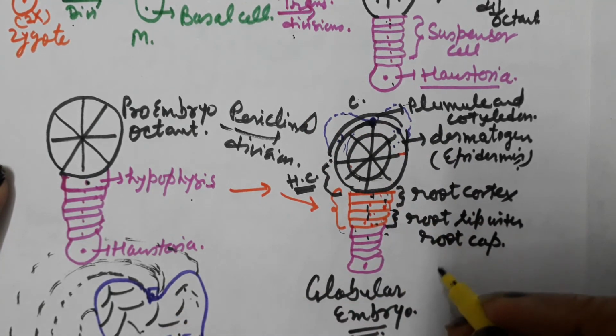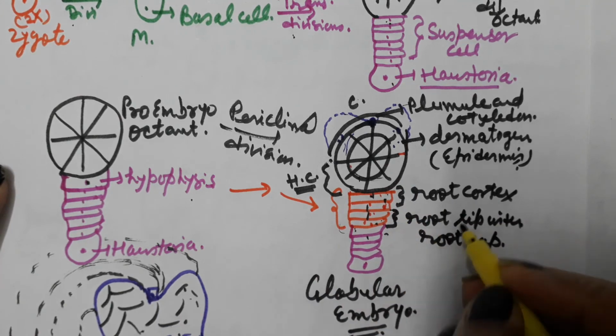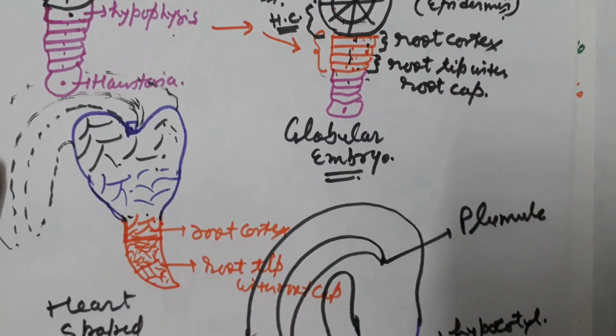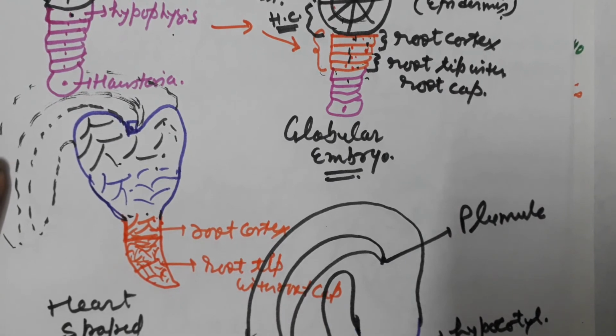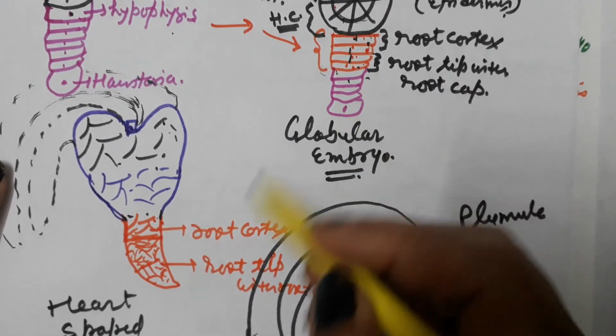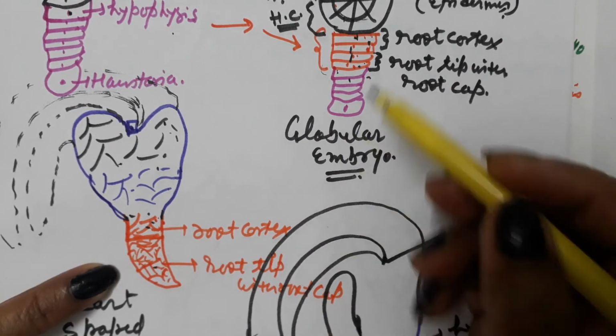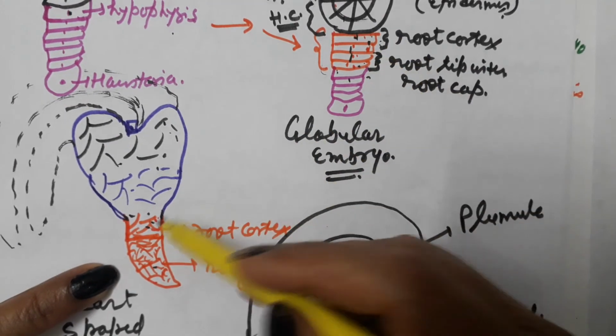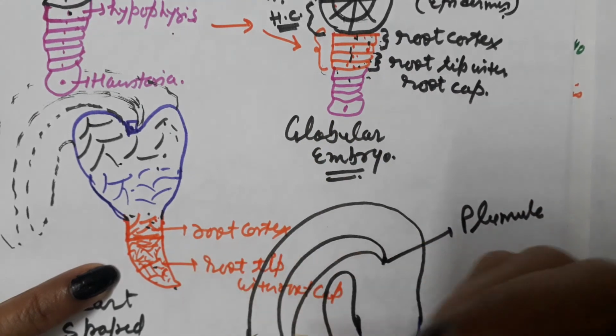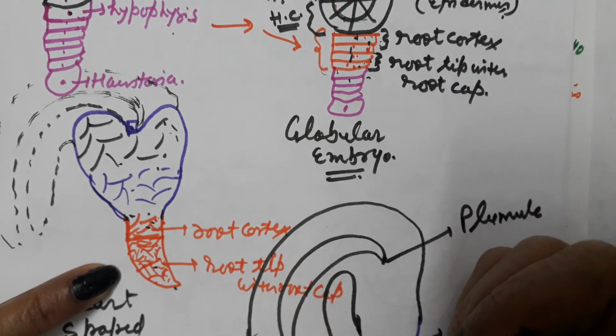Now what happens? These lower four cells give rise to the root tip. The four cells of the hypophysis give rise to the root tip along with the root cortex. The upper four cells give rise to the root cortex and the lower cells give rise to the root tip with root cap.